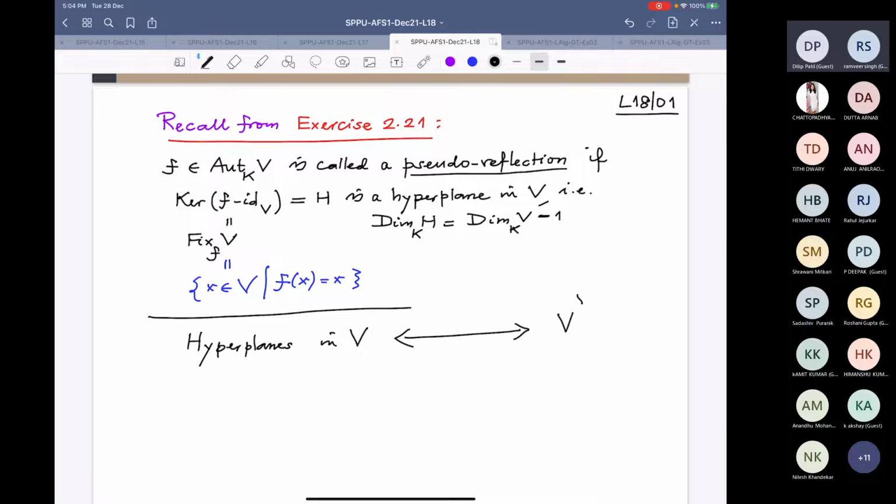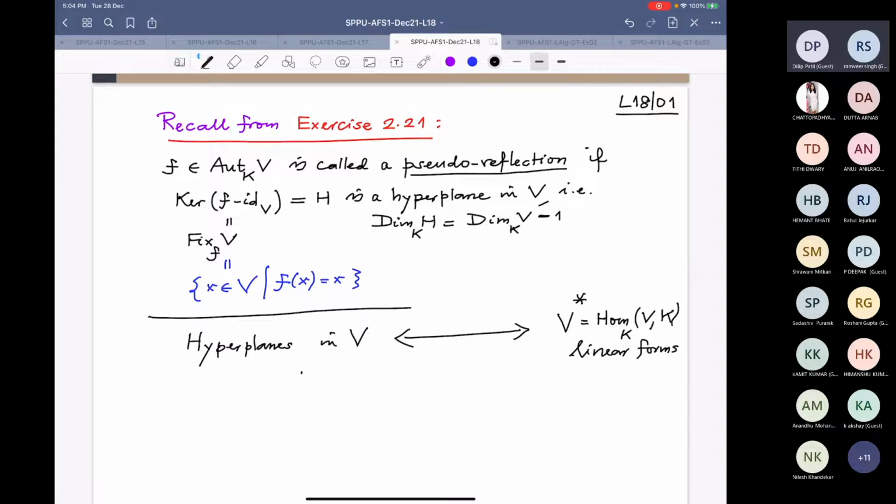V star is Hom_K(V, K). The elements of this are called linear forms or linear functionals. In functional analysis, they use the word linear functionals. I will use linear forms.